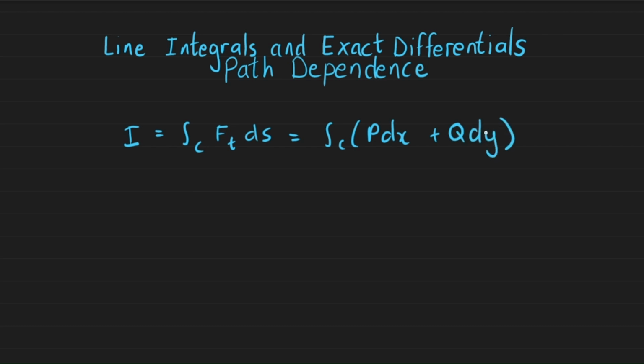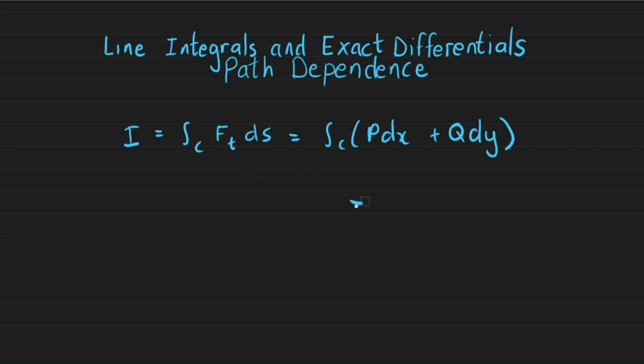The first time this was mentioned in one of the previous videos, we said that this p dx plus q dy kind of looks like the function differential, where we said dz is equal to p dx plus q dy. And the question we asked at the time was, does this have anything to do with line integrals? It has the same form, right? So the answer to that question is yes, we can think of the line integral as being an exact differential.